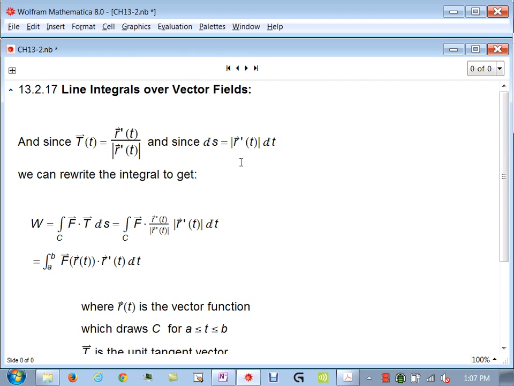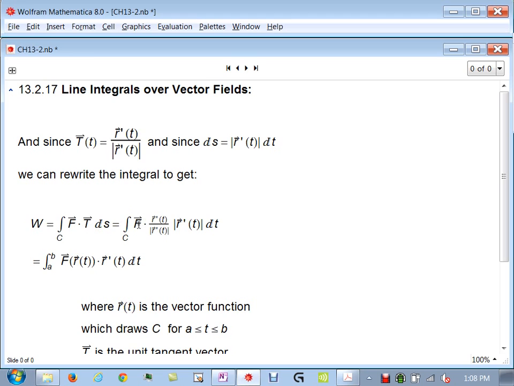Now, this is where things get kind of cool. Since the tangent vector is the derivative of the vector function divided by its own length, and since ds is arc length, as we talked about last time, the arc length of a vector function is the magnitude of its derivative. So if we go back and look at this formula, we have F dotted with T ds.